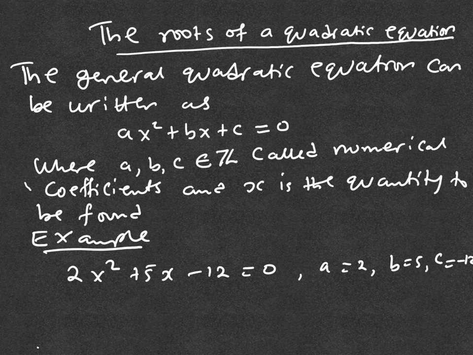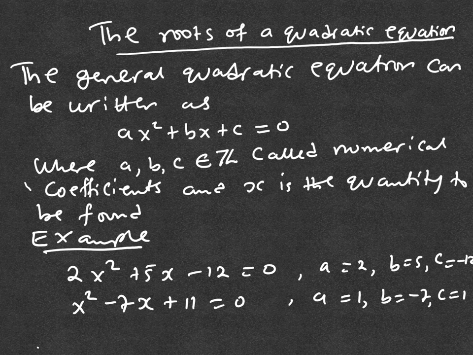When you look at another example like x squared minus 7x plus 11 equals 0, still this is a quadratic equation with a equal to 1, b equal to minus 7, and c equal to 11. Okay, so we are emphasizing the roots of quadratic equations. So we must know how to find the roots of a quadratic equation. So let's talk about solving quadratic equations.